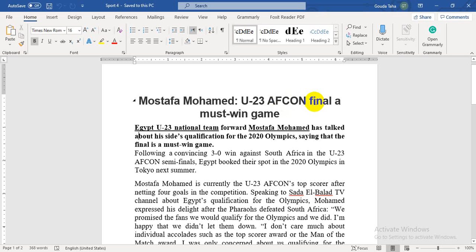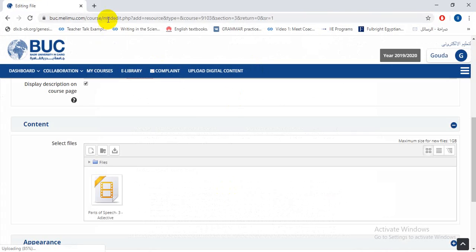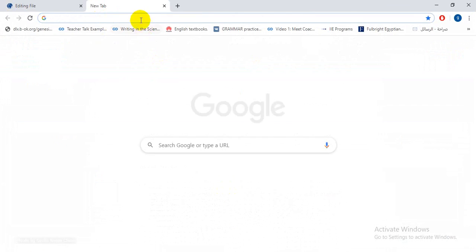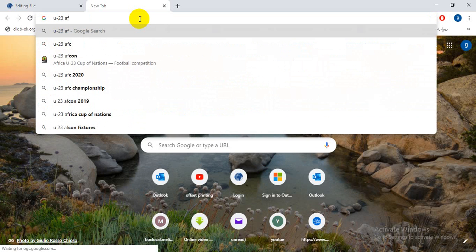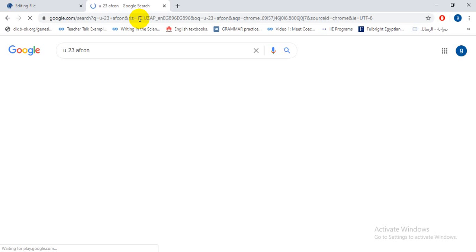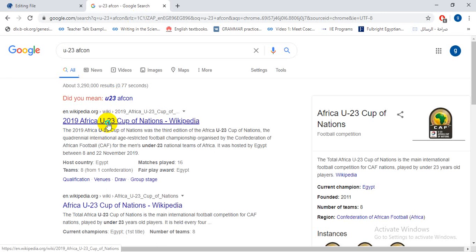So here we have Mustafa Muhammad, U23 AFCON final, a must-win game. What do you mean by U23 or AFCON? I don't know, for example. I can go and Google it, U23 AFCON, and read about this. Here we have Wikipedia.